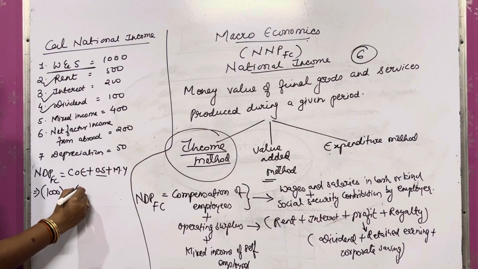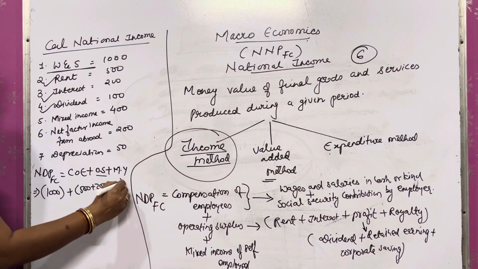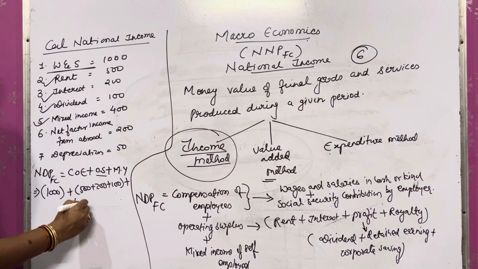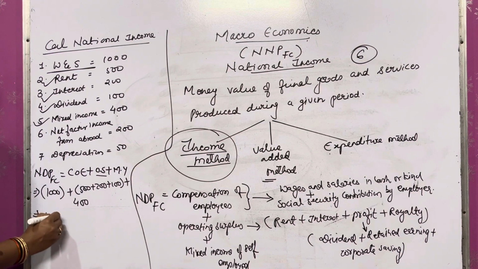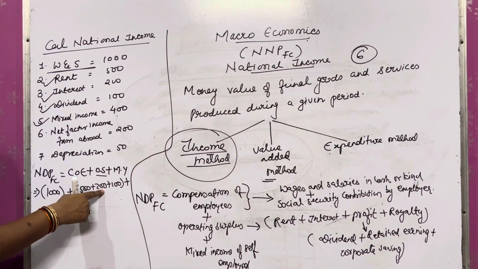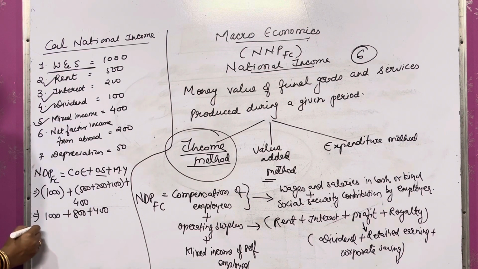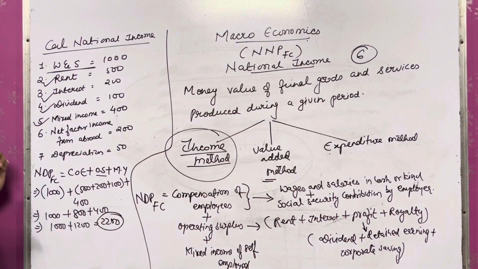So 500 plus 200 plus 100 plus mixed income 400. Adding this: 1000 plus 500, 500 plus 200 is 700, plus 100 is 800, plus 400 is 1200. 1000 plus 1200 is 2200, our net domestic income.